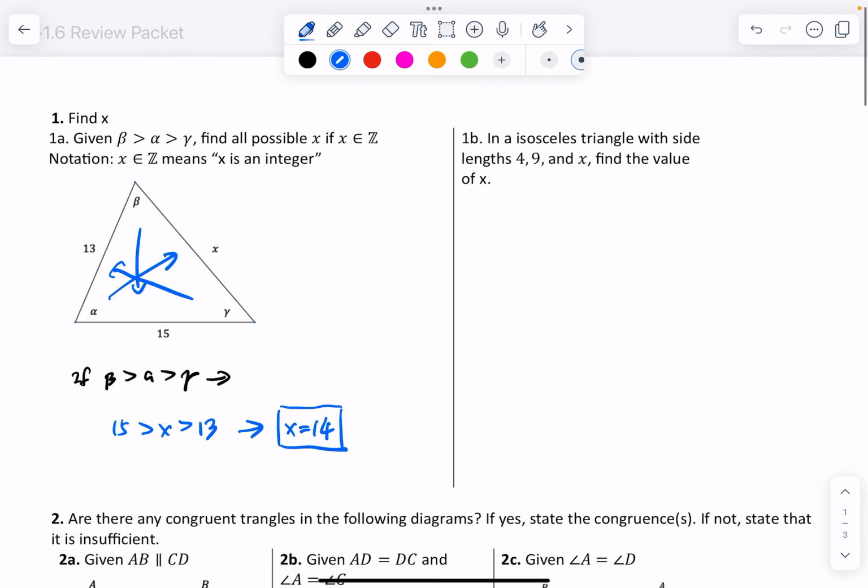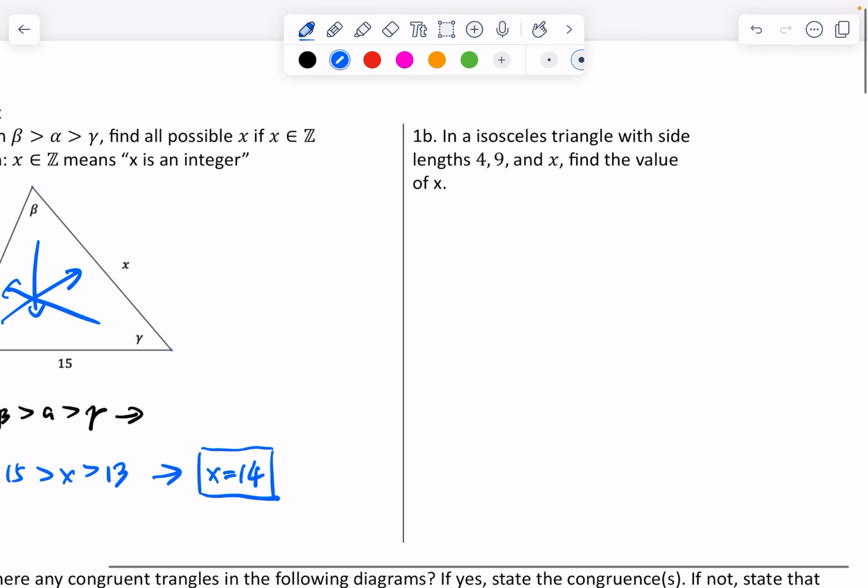Alright, 1b. In an isosceles triangle with side lengths 4, 9, and x, find the value of x. Okay, now there are two possible values of x. Either x equals 4 or x equals 9.